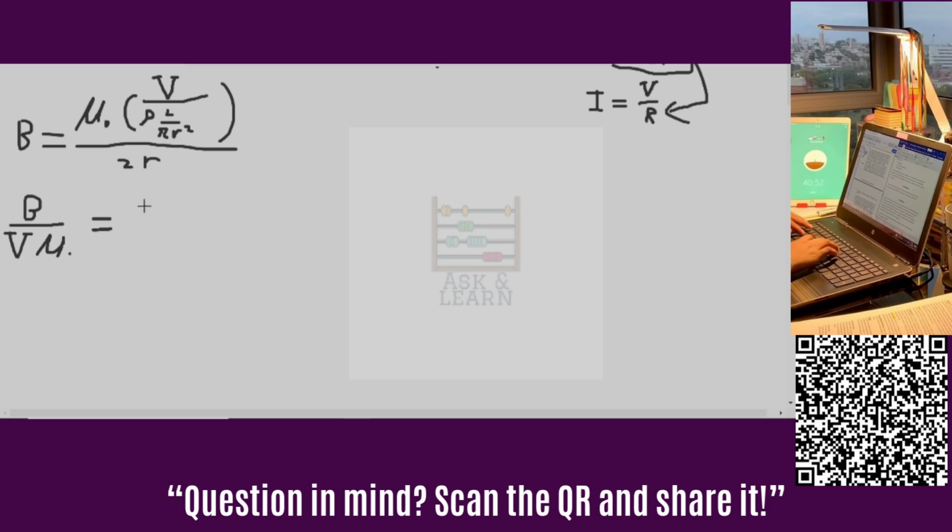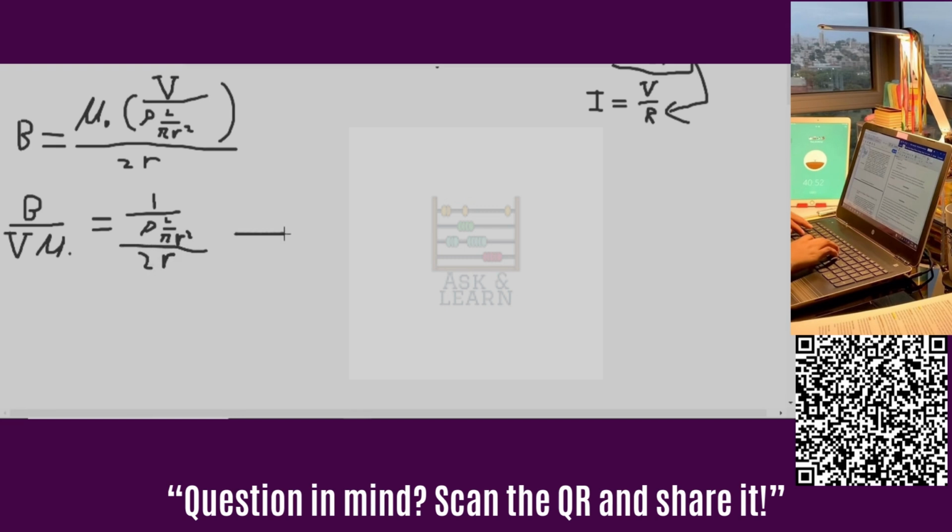Now in the numerator part, we have two fractions here. We have a complex fraction: rho L divided by pi r squared. I'm sorry, that's a little r. Little r squared, all divided by 2r.